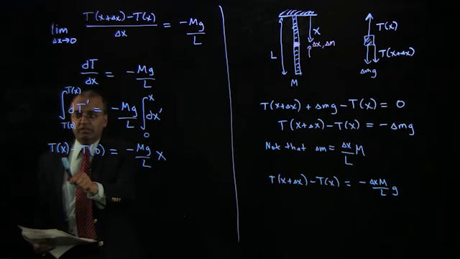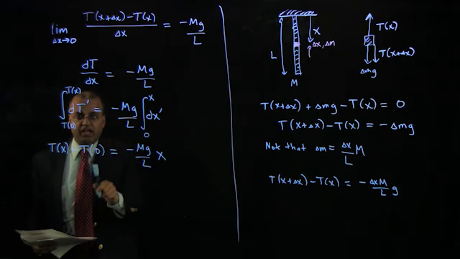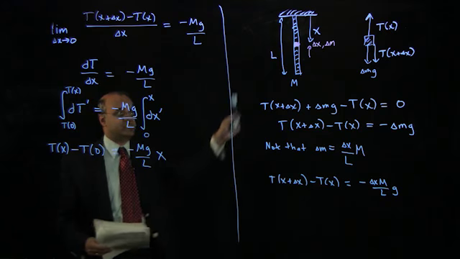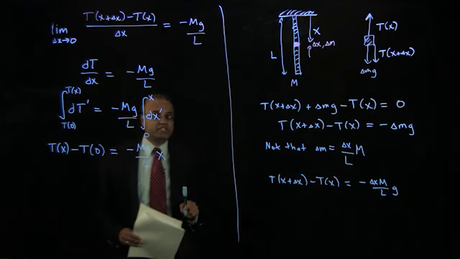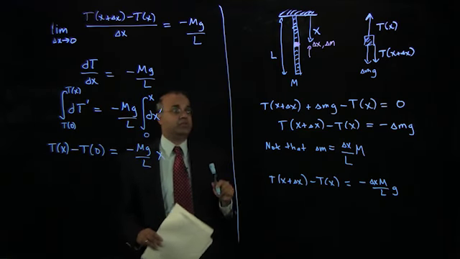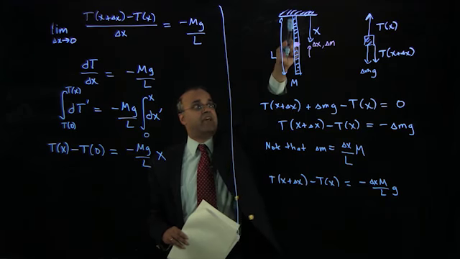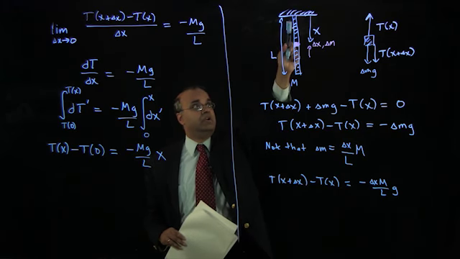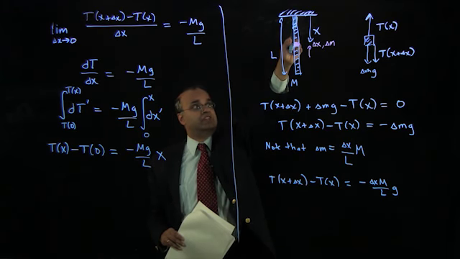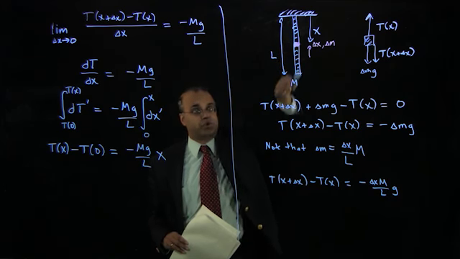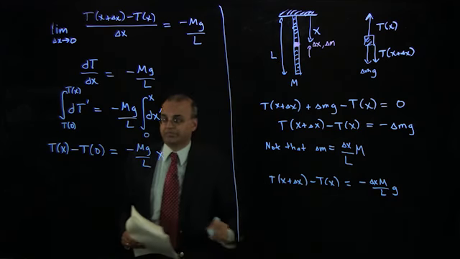If I want to actually solve for t of x, I need to specify what the tension is at the endpoint. But we know what the tension is at the endpoint. We found that earlier. We saw from the simple argument that at the endpoint, the tension is just equal to the weight of the entire length of rope below that point.